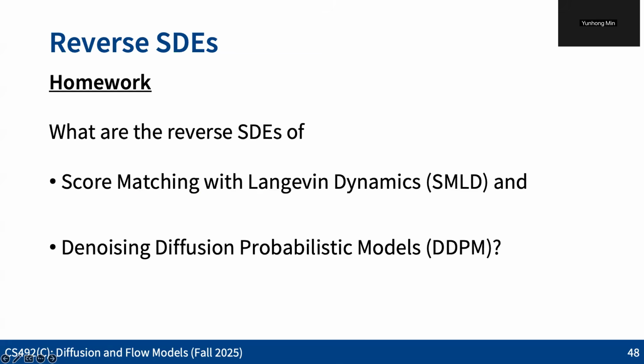Try to derive the reverse SDE yourself, and especially for the DDPM case, once you derive the reverse SDE formulation with the time domain discretization that I have shown in the previous slide, you can re-implement the reverse process of the DDPM based on the reverse SDE. So I strongly recommend trying this yourself. This is not part of the assignment, but the reason we are providing base code for the diffusion model is that you can play with those things yourself.